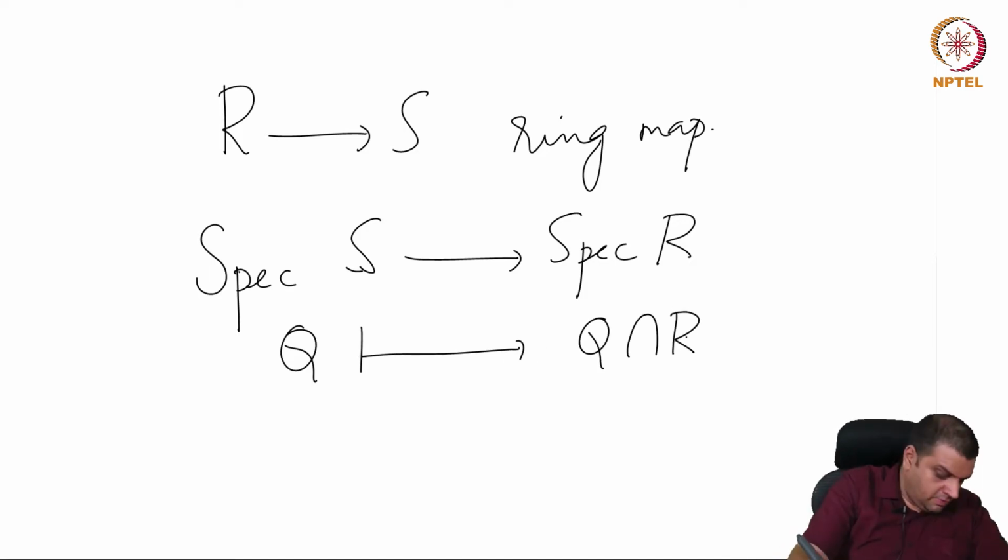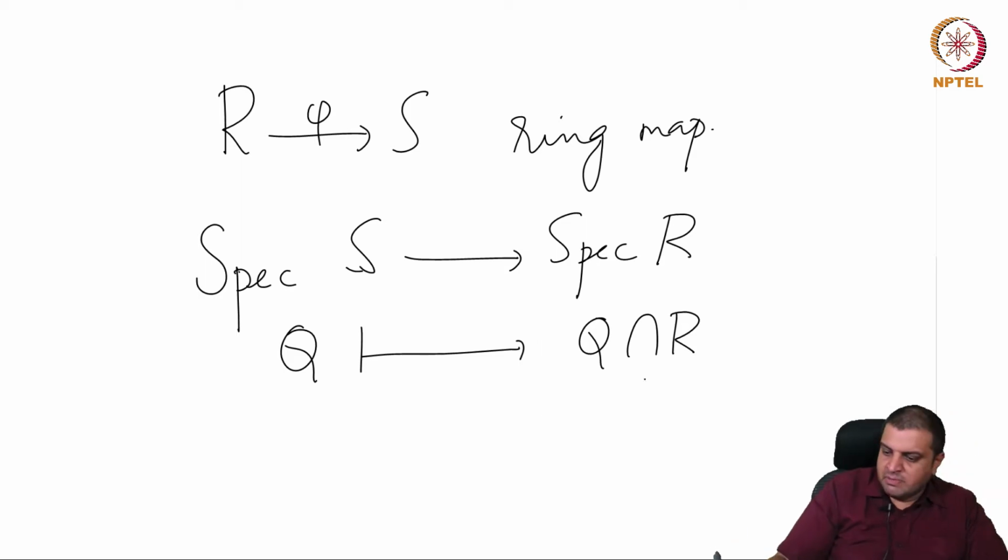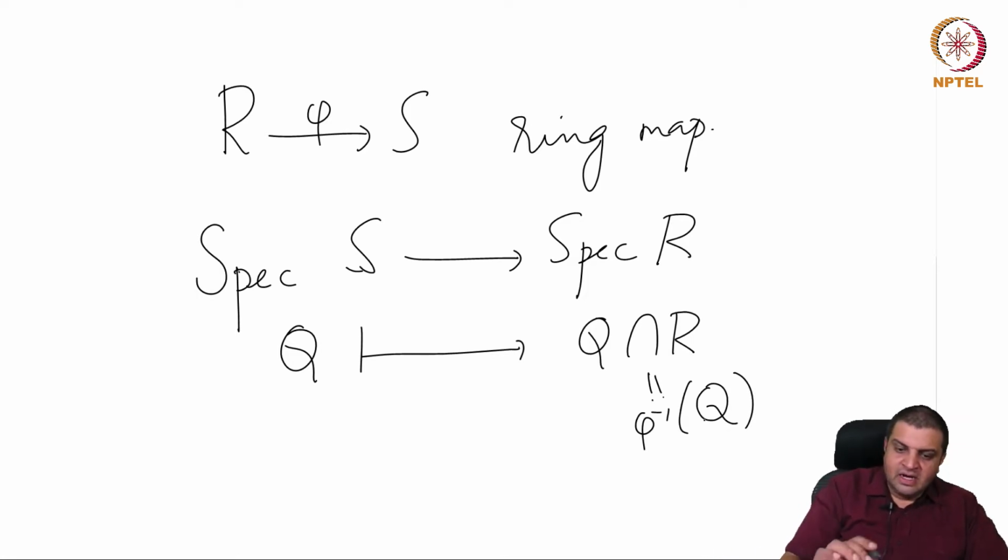If we label this map phi, remember this is just a handy notation for phi inverse of Q. Although the notation is that of an intersection, it is not implied that R is a subring of S. It is just a morphism.